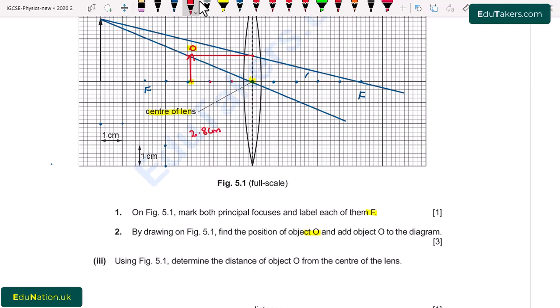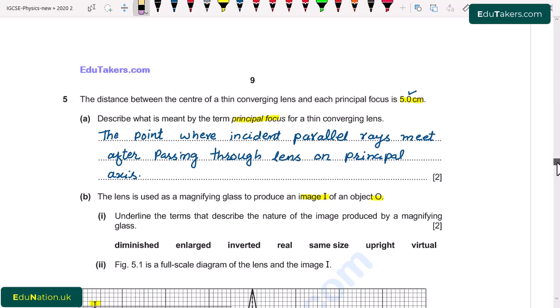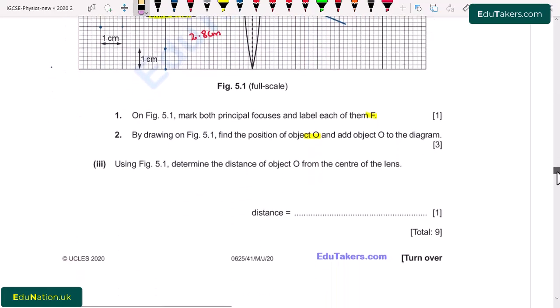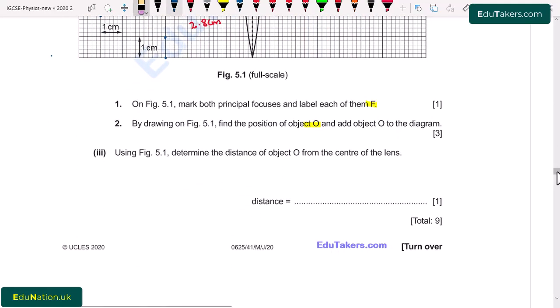So the distance of the object from the center of lens is 2.8 centimeter. I write here centimeter. Now we are moving towards the remaining part of this question.